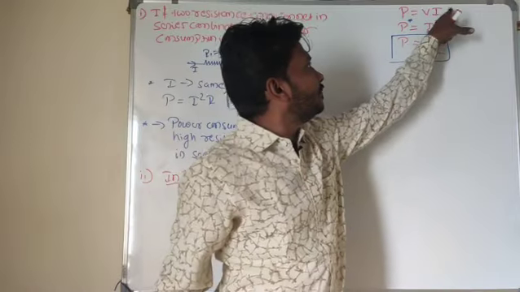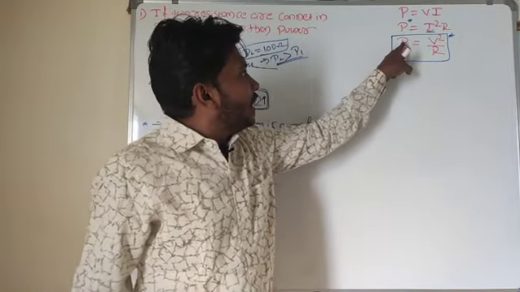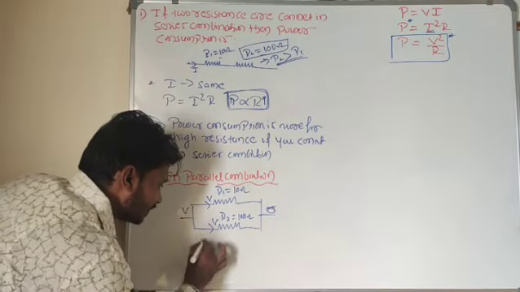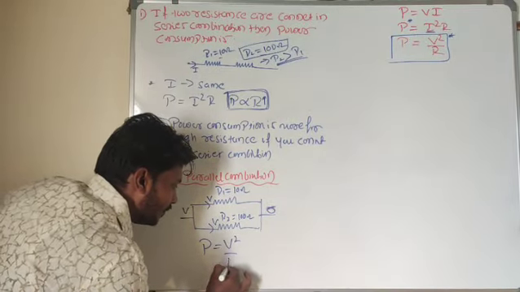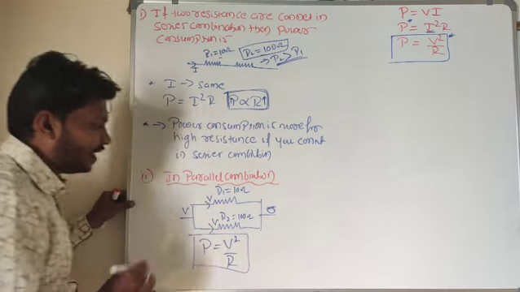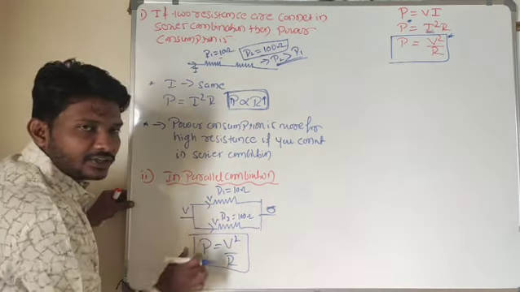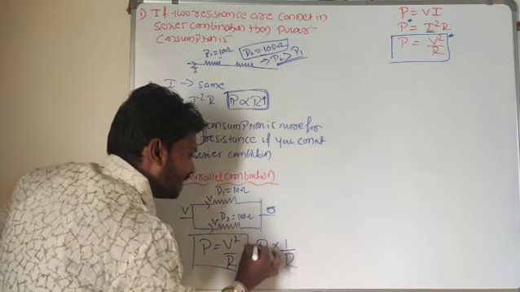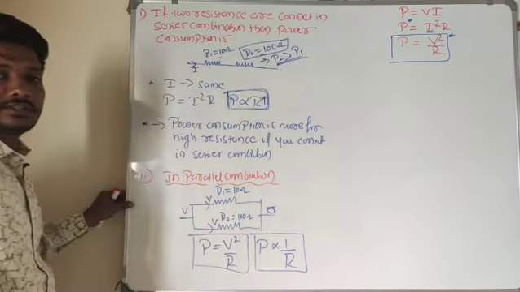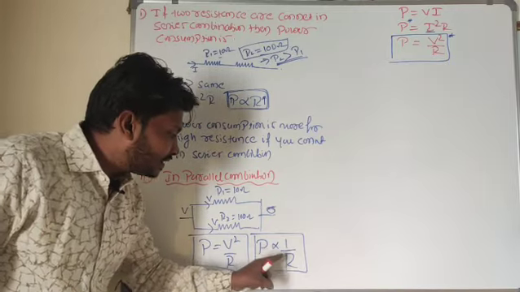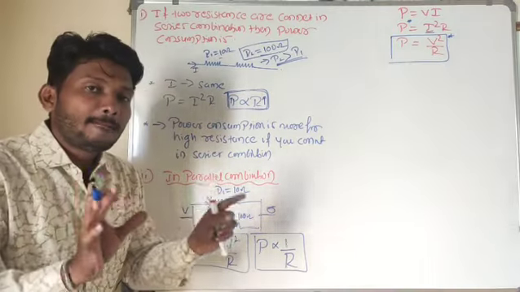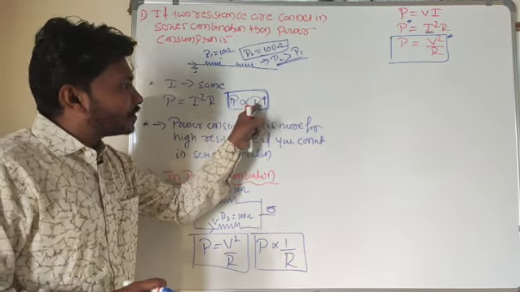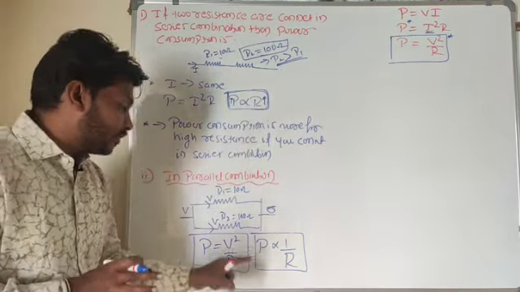Here there is no term for current. So look at here, P is equal to V square by R. I will use this equation, where in case of parallel combination, potential difference remains the same. So P is inversely proportional to resistance, meaning power consumption is inversely proportional to resistance in parallel combination, whereas power consumption is directly proportional to resistance in case of series combination.